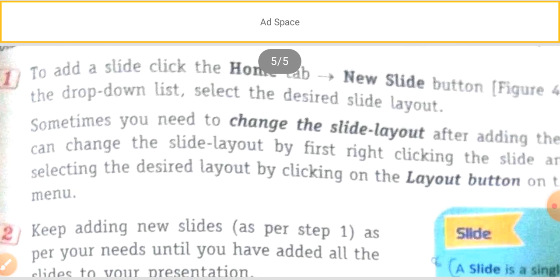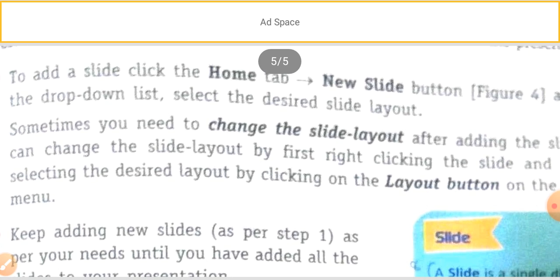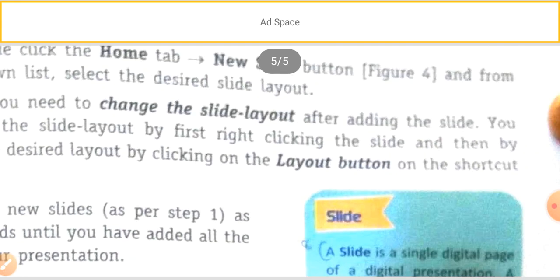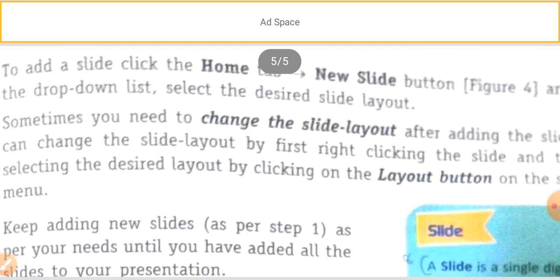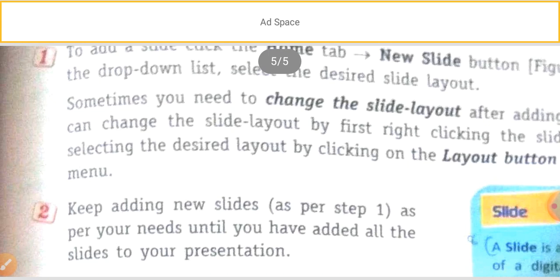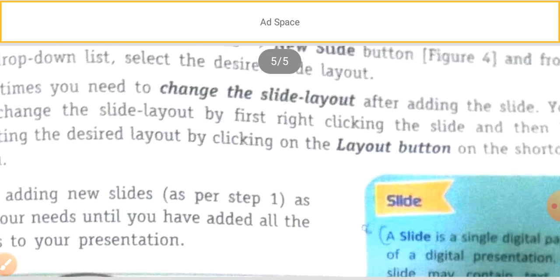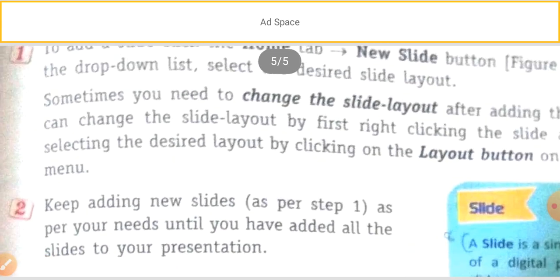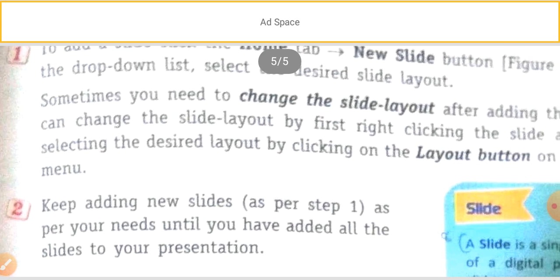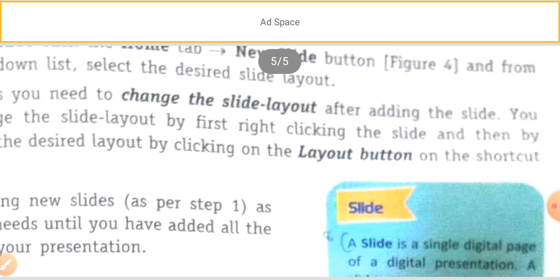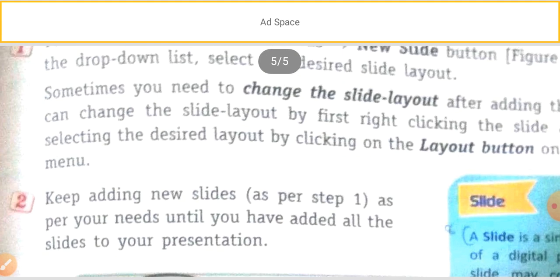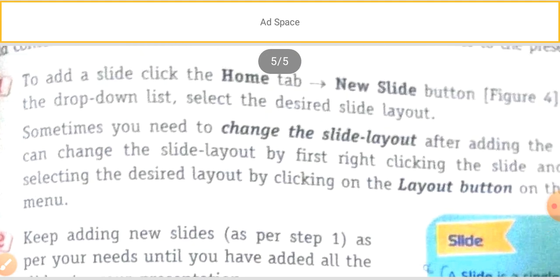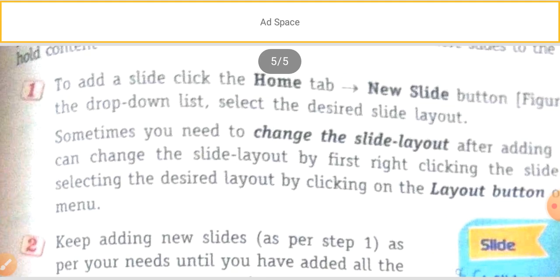Sometimes you want to change the slide layout after adding the slide. You can change the slide layout by first right-clicking the slide, and then selecting the desired layout by clicking on the Layout button on the shortcut menu. Once again I will explain this same point. First, to add the slide, click on the Home tab. The options will be available.